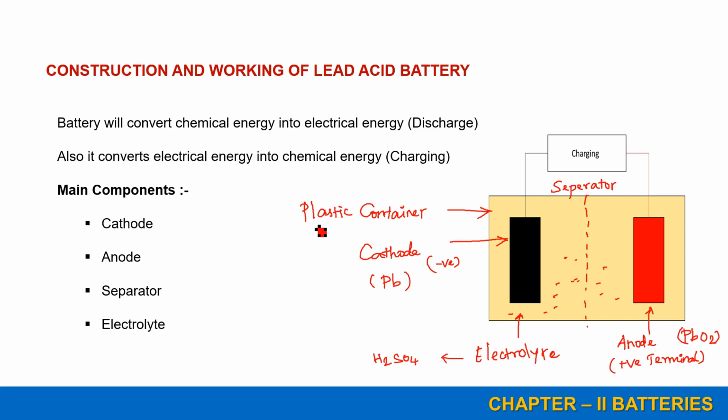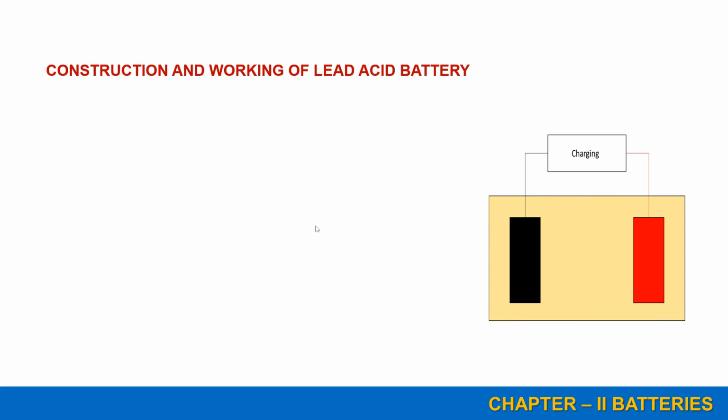Now we will move to the working of the lead acid battery. During the working condition, you can split it into two conditions. One is the discharging condition and another one is the charging condition. First we will see the discharging condition. During the discharge condition, the load will be connected to these two electrodes.